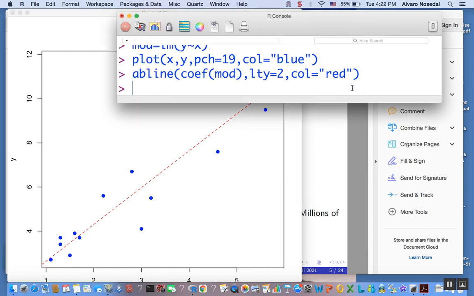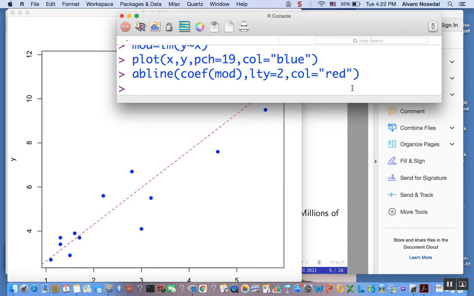So we have summarized that relationship using the least squares regression line. Now let me remind you, when we have one of these simple linear regression models, we have assumptions about the random fluctuations, the errors, the epsilons.